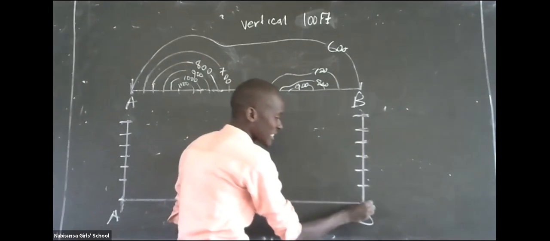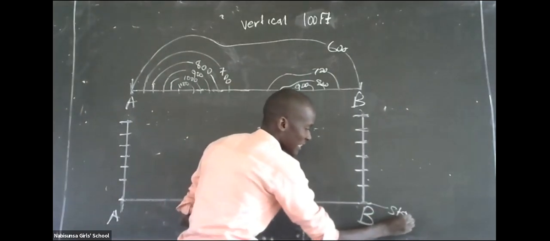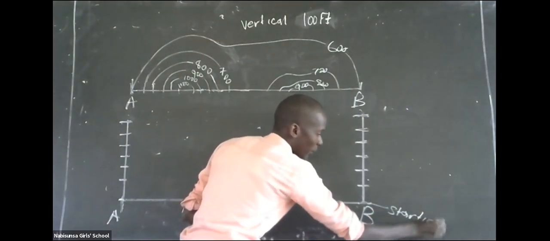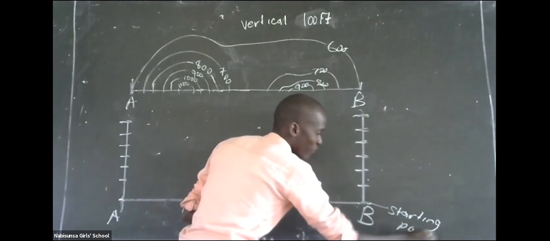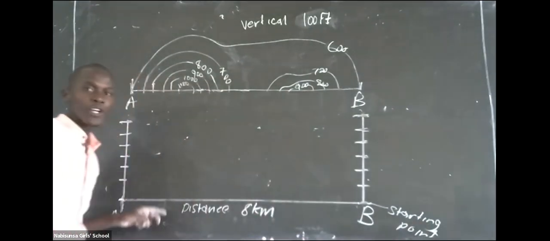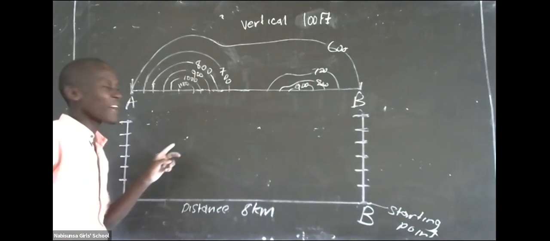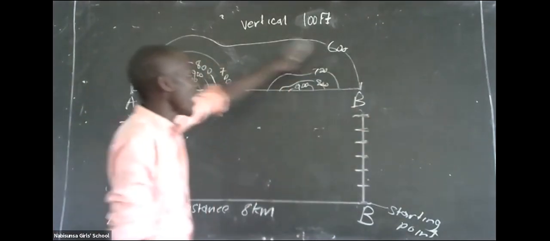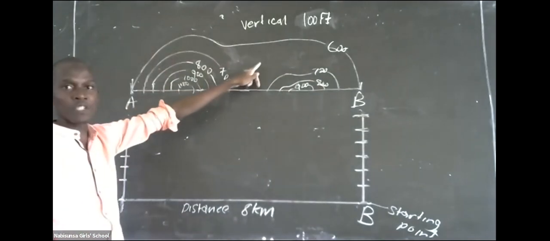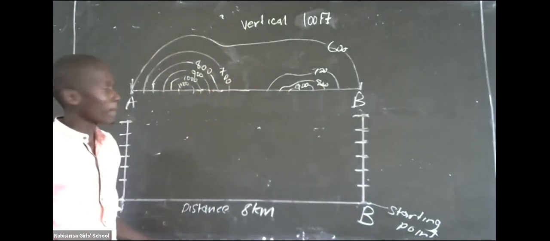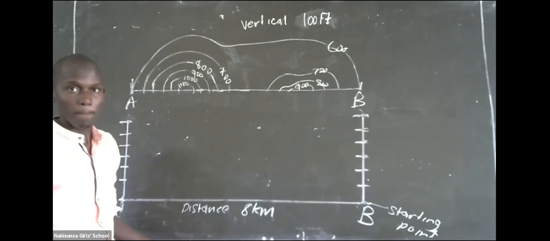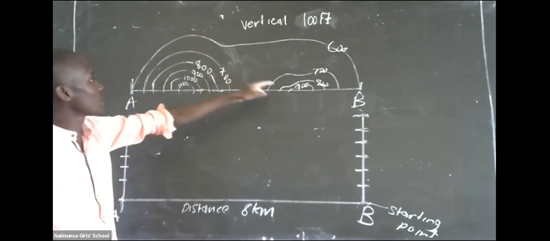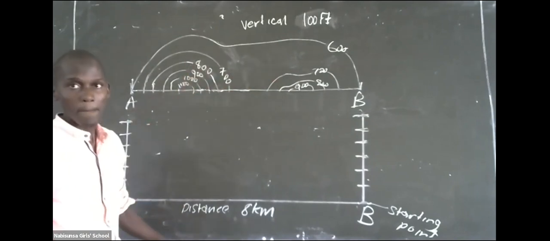That one we call the starting point. Which number should we write here? And how do we get that starting point? The method is simple. You get the lowest point on your area of interest. And our lowest point is what? Look at these numbers. Which is the lowest? 600.